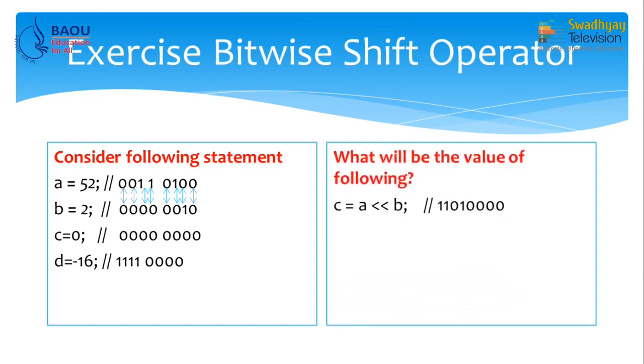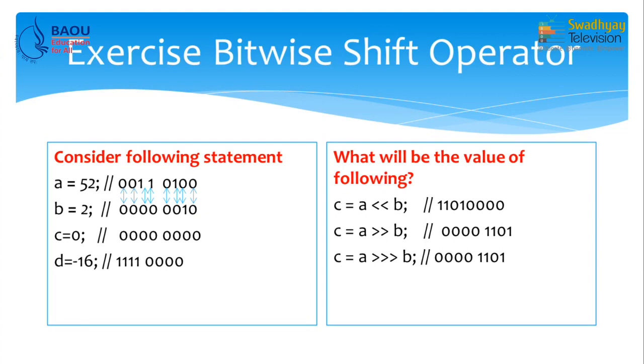Now, we want to shift the bits of A right by 2 digits. So, you can see the result on screen. This will again shift all bits to the right by 2, and the result is shown on screen, and we have the last operator.